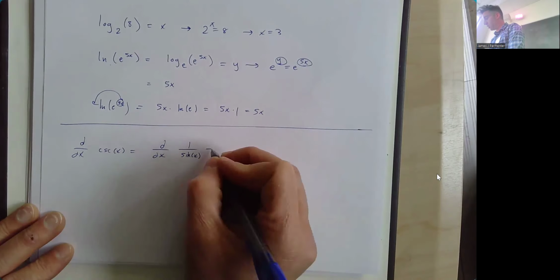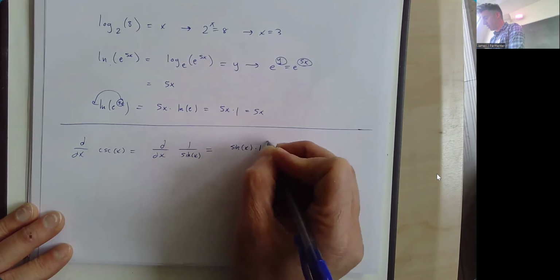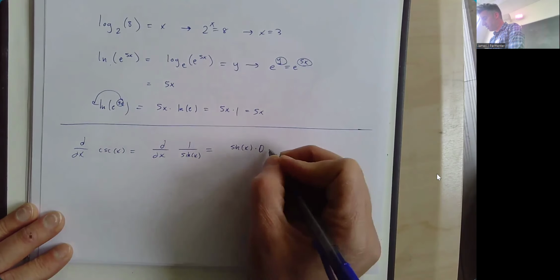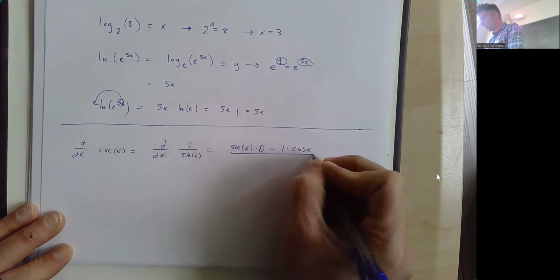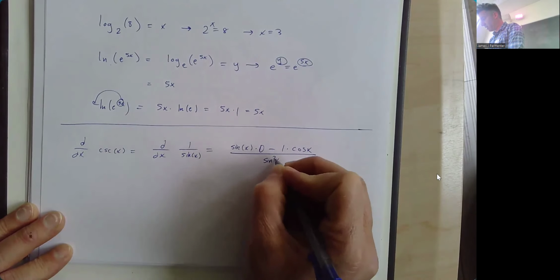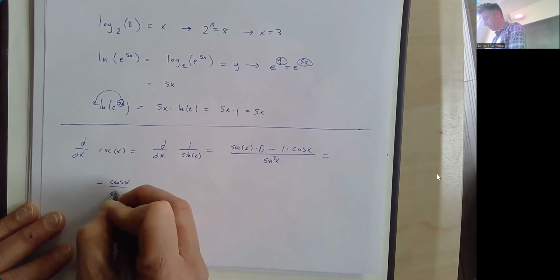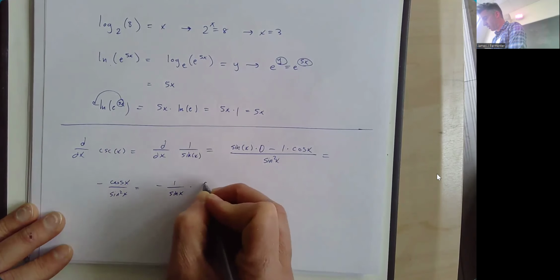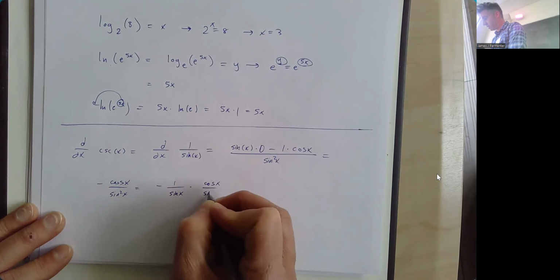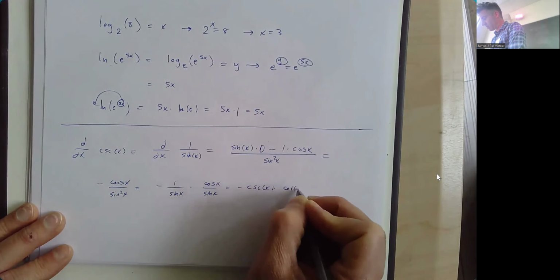And then we use the quotient rule and say that it's the bottom times the derivative of the top, which is 0, minus the top times the derivative of the bottom, all divided by the denominator squared. And then we write this as negative cosine x over sine squared x, which is negative 1 over sine x times cosine x over sine x, which is equal to negative cosecant of x times cotangent of x.